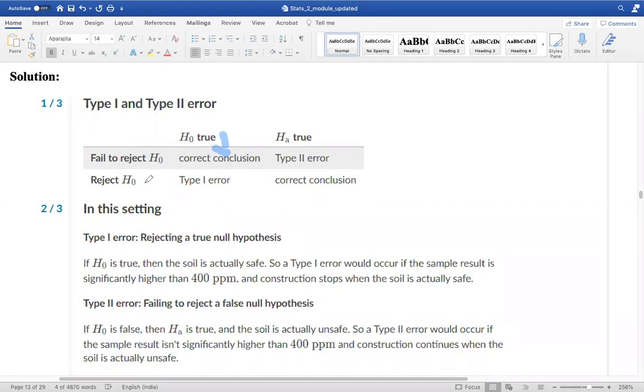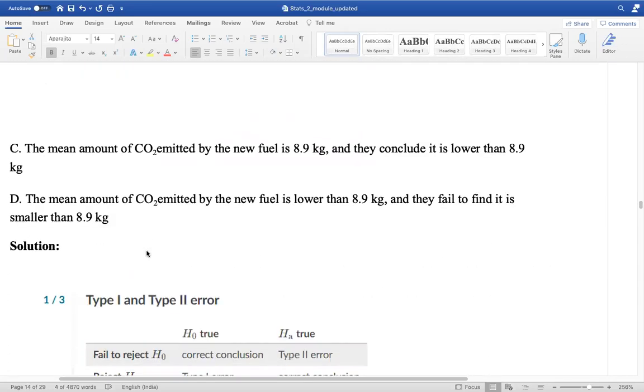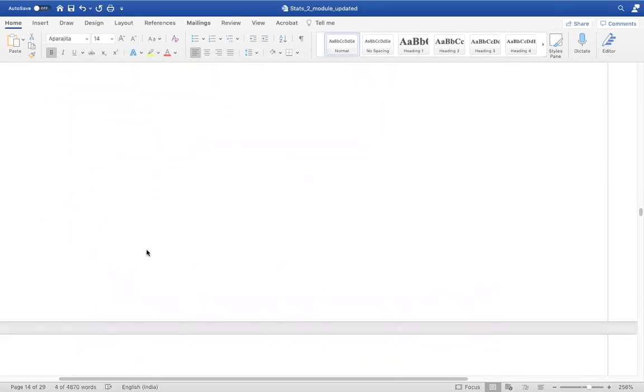Rejecting H0 when we actually need to accept it gives the type 1 error. If you're rejecting H0, that means we're accepting H1, the alternate hypothesis, and that is the correct conclusion. These two situations are correct conclusions, but the other situations are failures: type 1 error and type 2 error. You can easily understand this from this table.